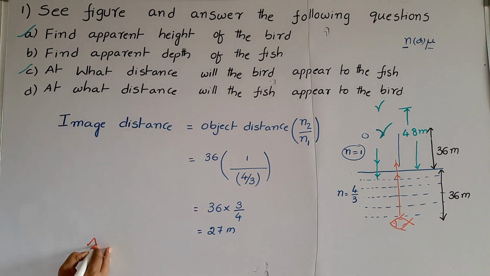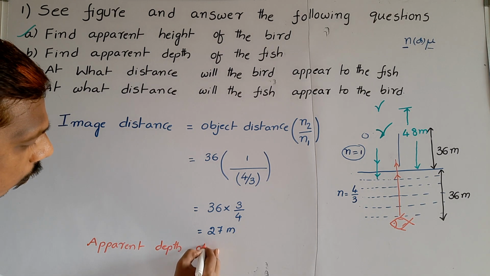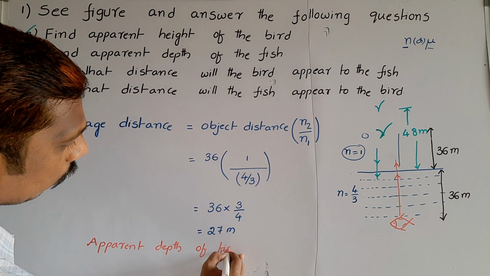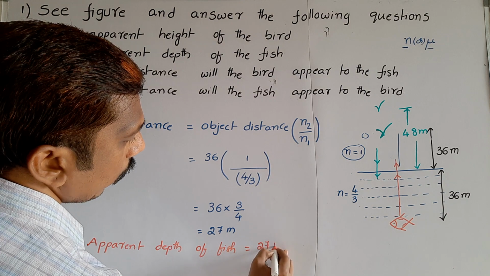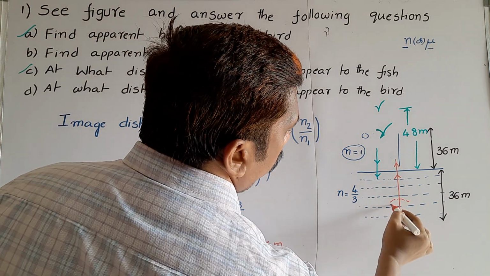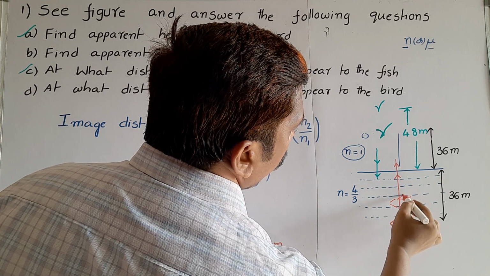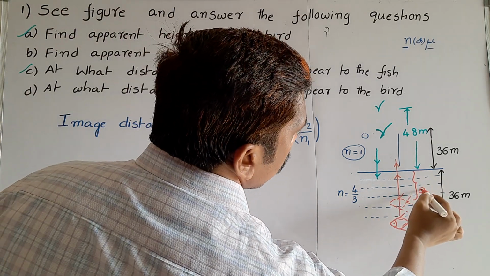So the apparent depth of the fish is equal to 27 meters. So it means its image is formed here, this distance 27 meters.